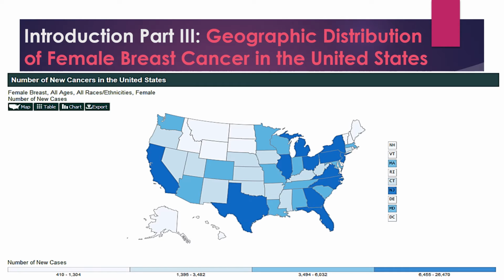And also take note that other states like Texas, Florida, and California are in the highest category as well. It's also noteworthy to see that Massachusetts is characterized in the second highest category, reporting 3,494 to about 6,000 new cases of female breast cancer in 2016.